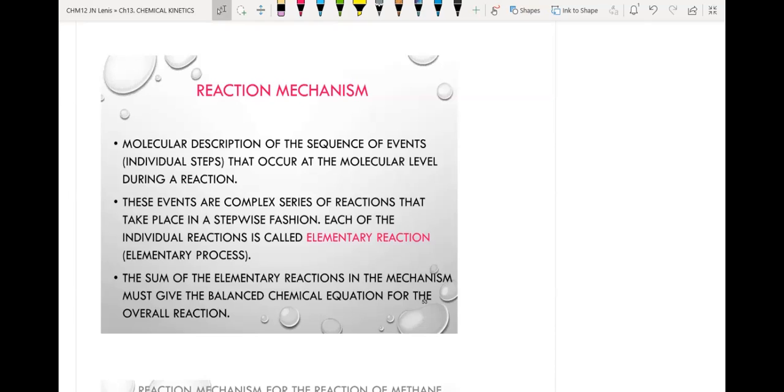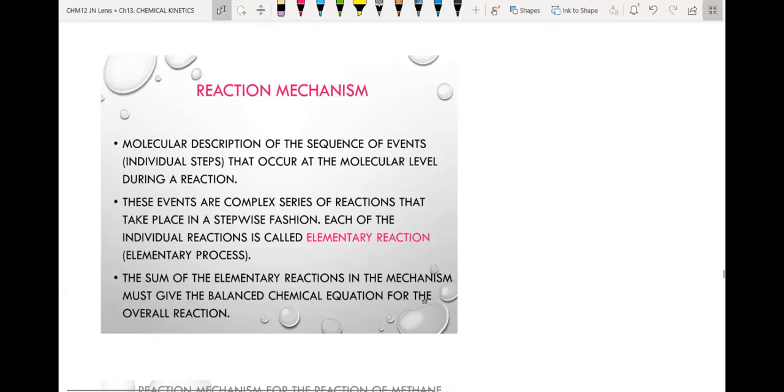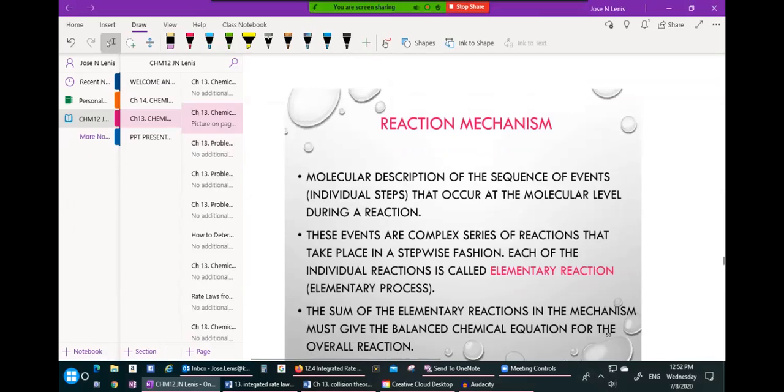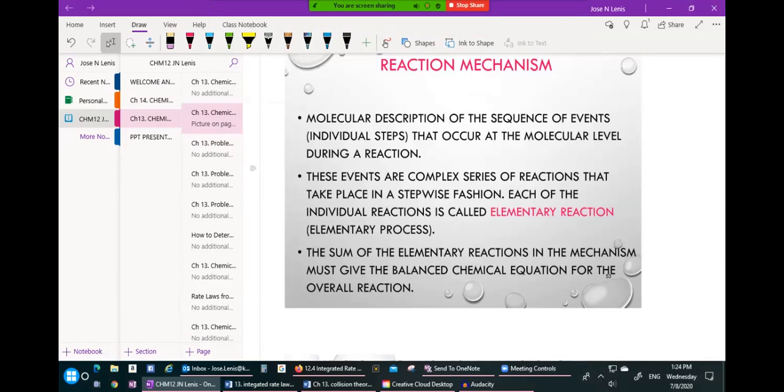In other words, you need to write down all the steps happening at the molecular level when reactants A and B form product.